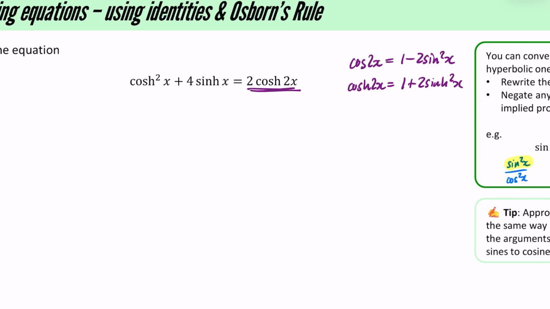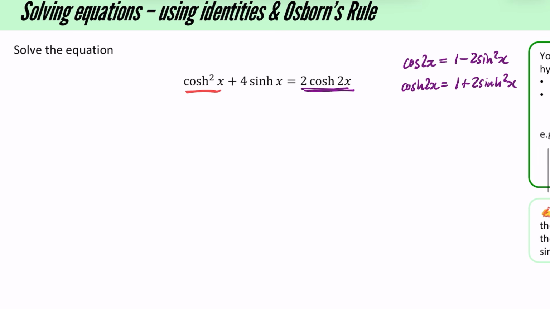I need to get rid of this cosh squared, and write that in terms of sine squared. Normally we know that sine squared x plus cos squared x is equal to 1. So if I do the hyperbolic version of this, I will have minus sinh squared x plus cosh squared x is equal to 1. In other words, cosh squared x is equal to 1 plus sinh squared x.